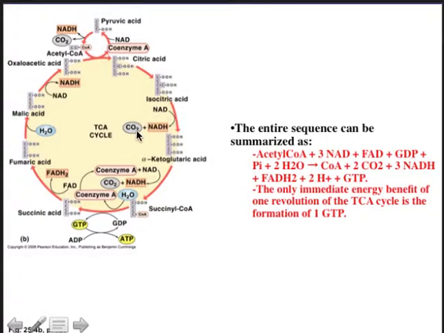For instance, here, when we liberate a carbon dioxide off of isocitrate, we form an NADH, okay? That is a high energy intermediate that will eventually be oxidized to generate ATP. Down here, when we go from alpha ketoglutarate to succinyl-CoA, we lose a carbon dioxide molecule, and that energy's liberated to form another NADH, okay? So 2 high energy payoffs here, okay?